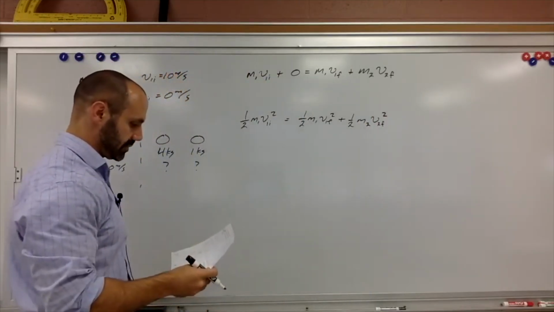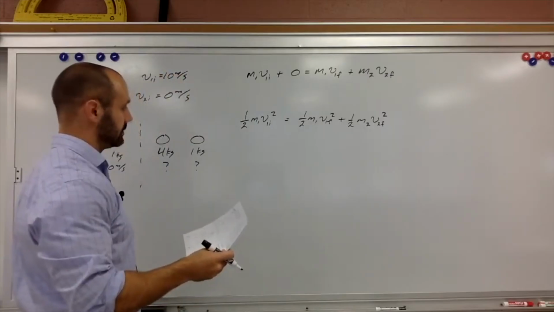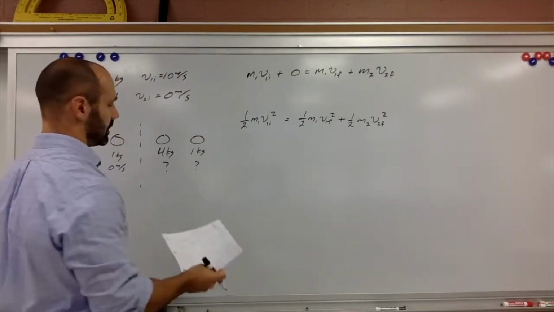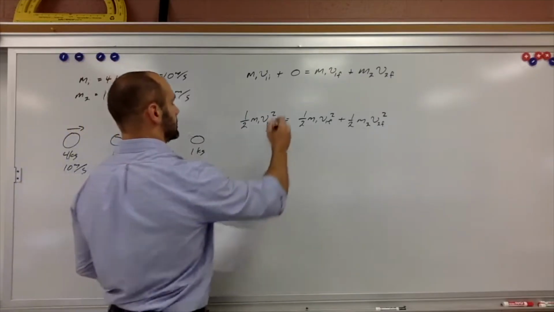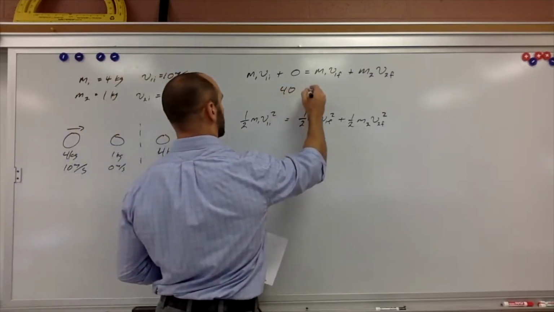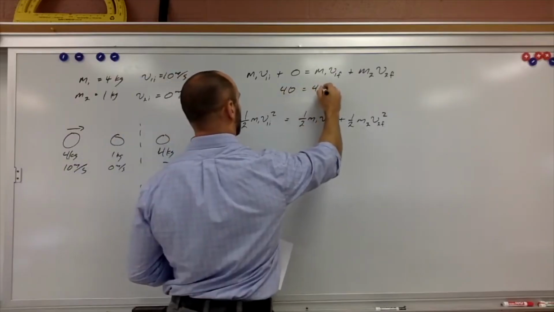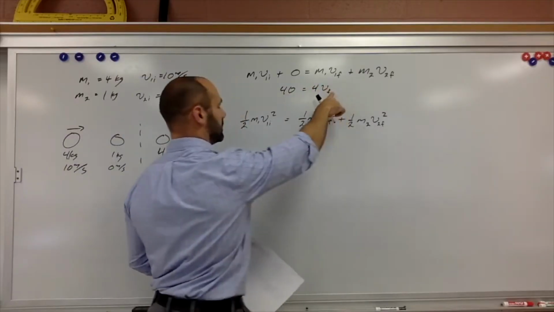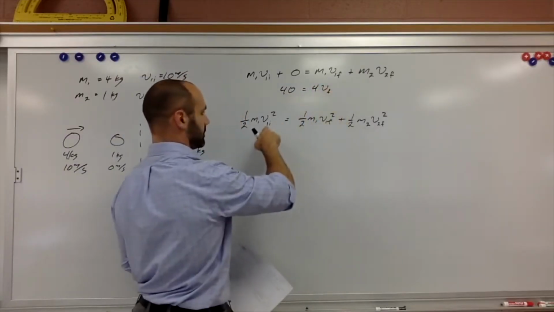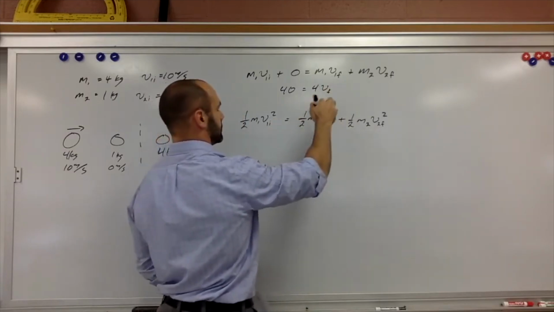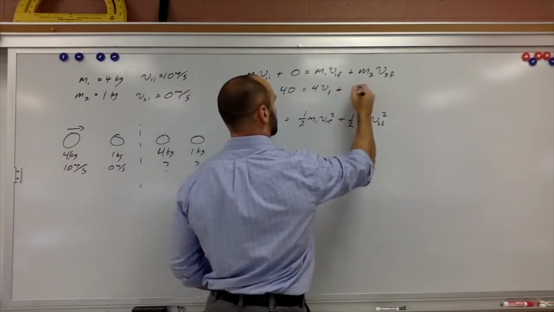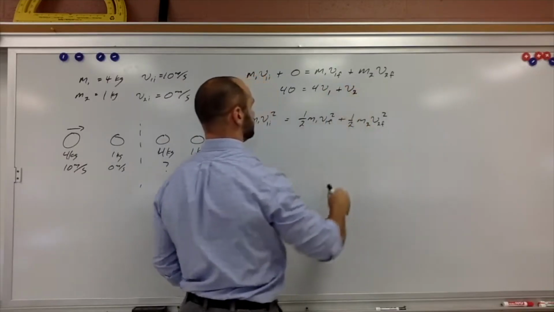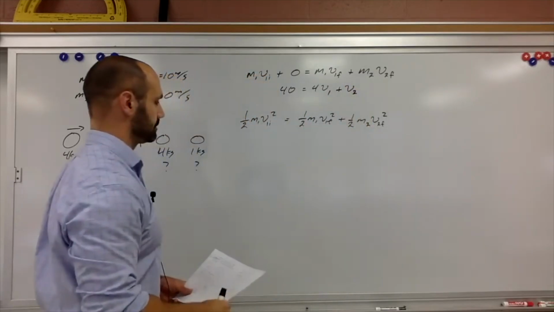Okay, let's plug in some of the numbers because we're dealing with simple numbers like 1 and 4 and 10. This turns out to be 40. This is going to be 4. I'm going to call this V1 plus V2, with 1 there.